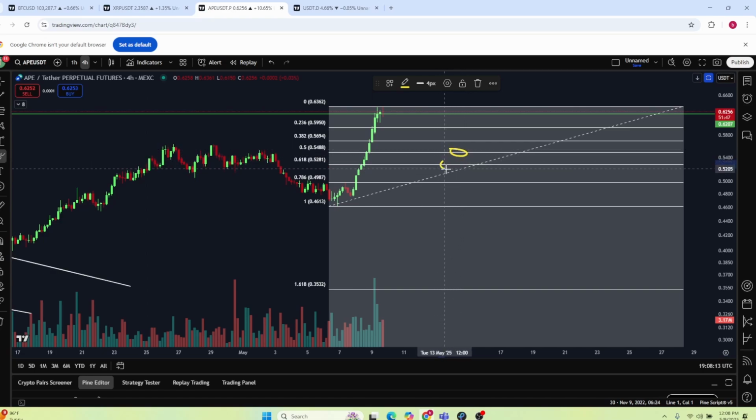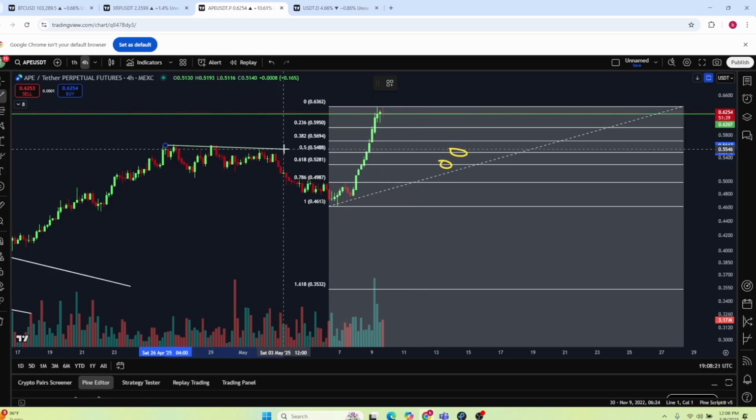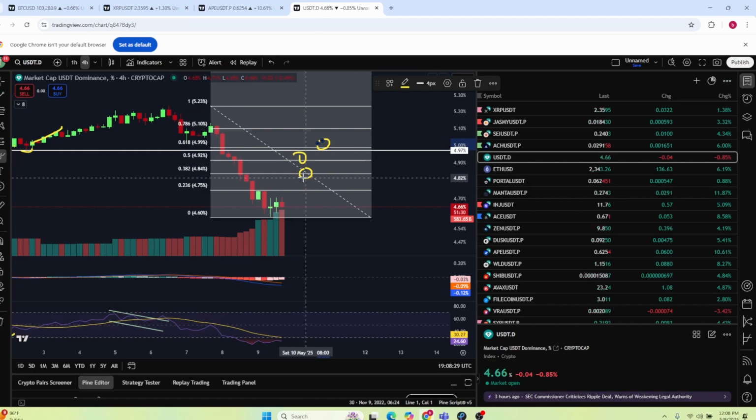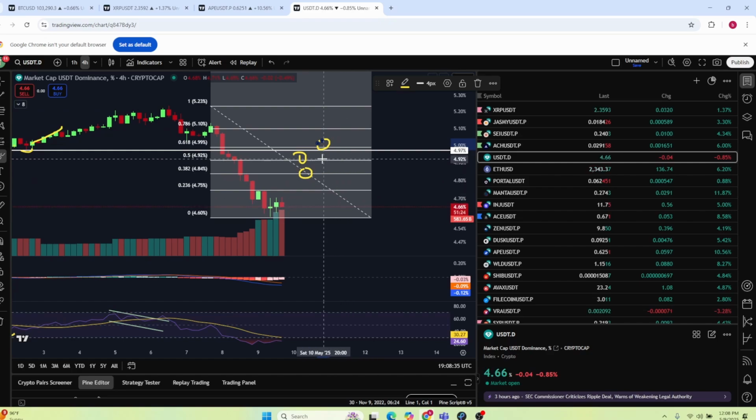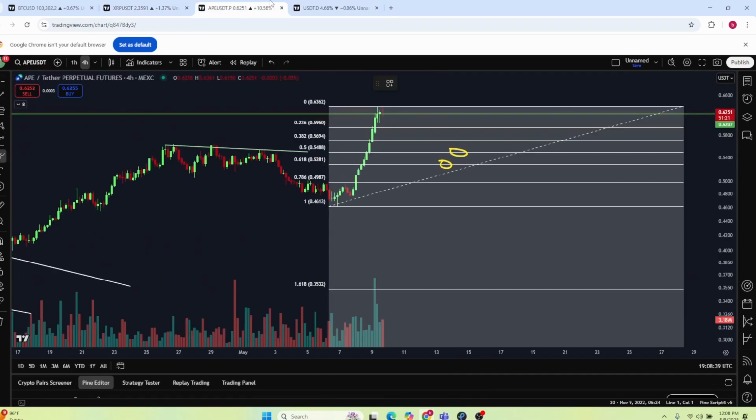And if it dips to 0.618 but stabilizes around 0.5, that's fantastic. And on top of that, look at this. Previous high. So if it can stay above the previous high, and we look at USDT dominance, and it hits one of these trend lines, and you notice it's getting rejected, then it's a perfect time to enter.